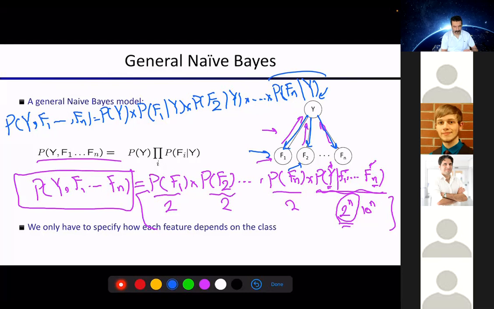There's the probability of y, multiplied by each of the individual conditional probabilities. At most each is a table with 2 by 2 values, so this is really a small table. It only depends on two variables, so this factorizes into something very simple.